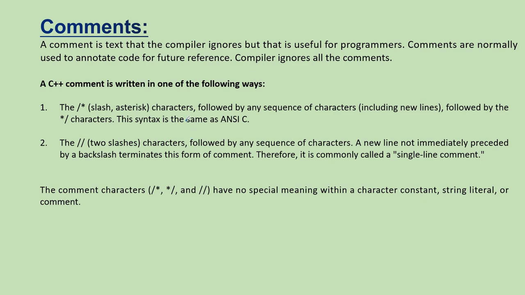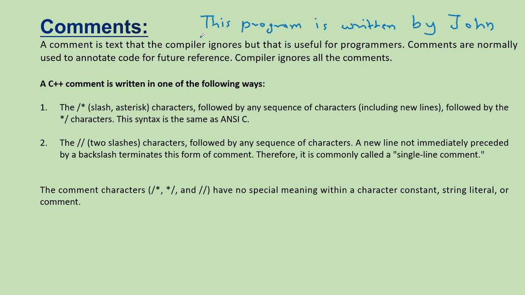For example, I want to write "this program is written by John" in a program. Now this cannot be an instruction, so it should be ignored by the compiler. It is only written for reference purposes. Someone who sees your program will understand that this program was written by John.